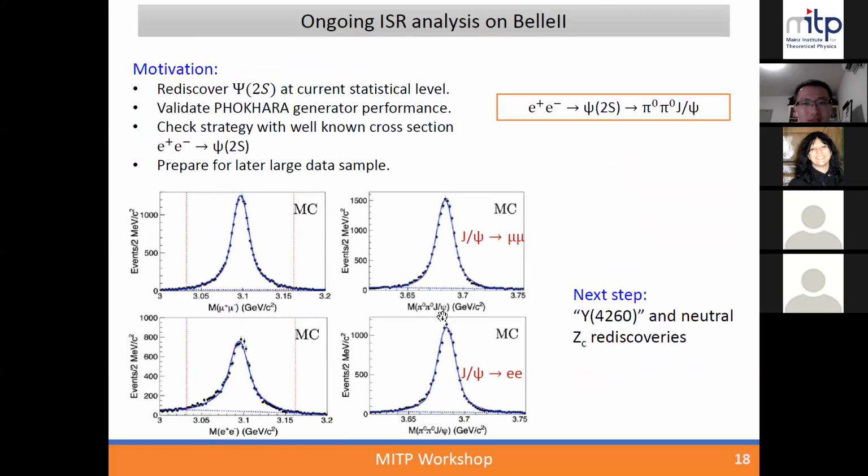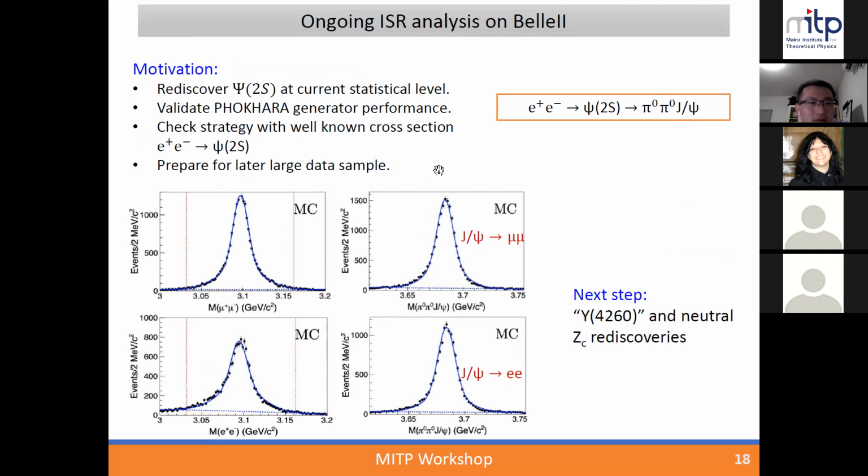Then slide number 19. Another analysis still searches for the psi(2S) signal, but in the pi0 gamma ISR final state. Here I put some plots from the single mode collider samples.